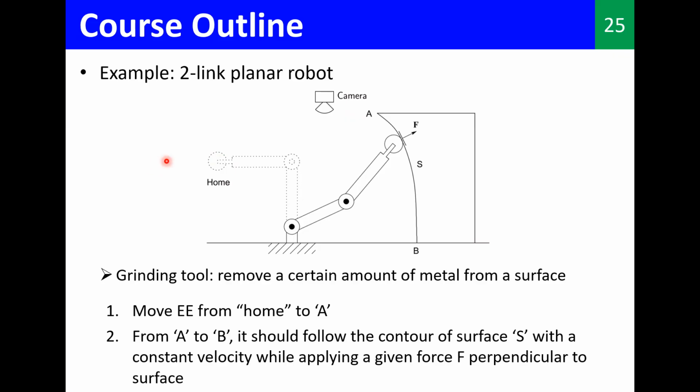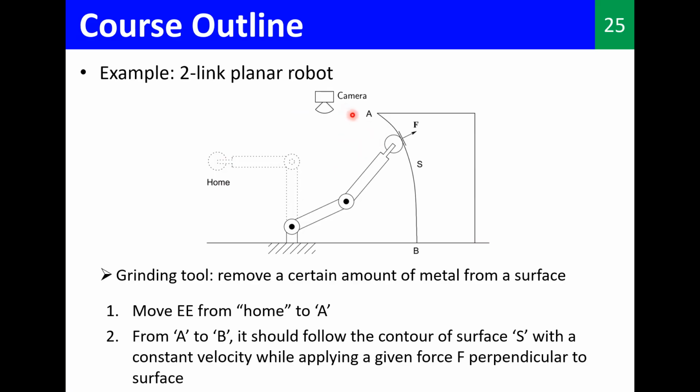So let's say this is our initial position. Our first step is to move this grinding tool from here to there, and for that the trajectory we make is not that important, as long as it does not hit this camera. The way it goes from home to A, whatever is okay.